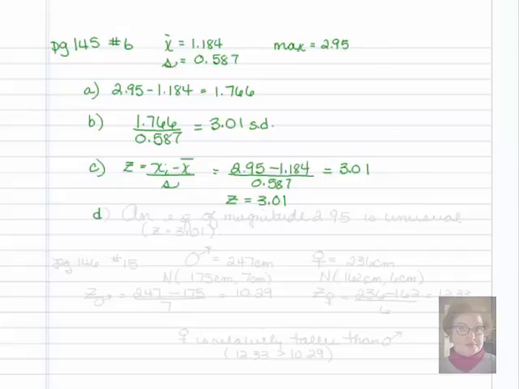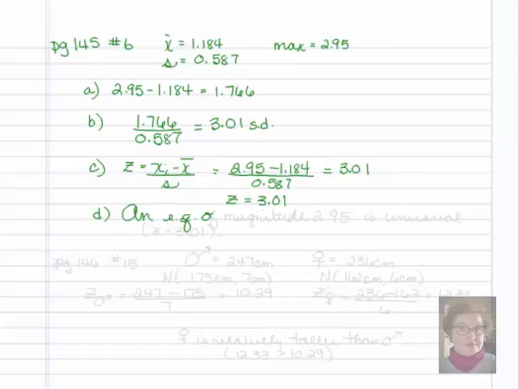because you know that. Then it says part D says, if we consider usual magnitudes to be those that convert to z-scores between a -2 and a +2, is the magnitude of the strongest earthquake usual or unusual?